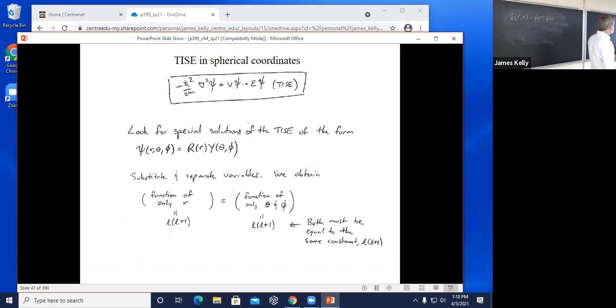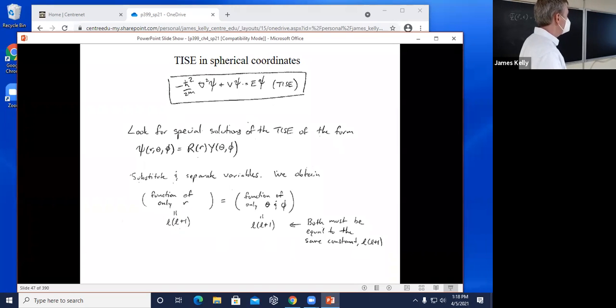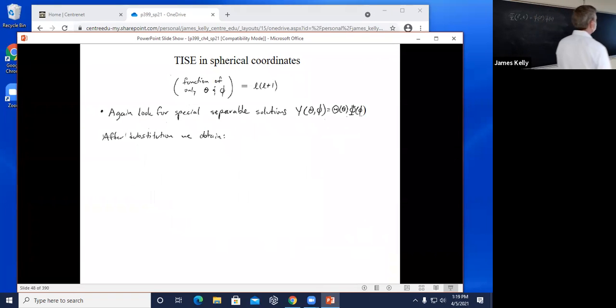We're going to find out later on that L can't be complex, and in fact, it takes on integer values only, the range of which we'll find out later on. So we're just going to set these two things equal. This is going to be a differential equation for R of r. This is going to be a differential equation for Y of theta and phi when we write those down. That's called the separation process.